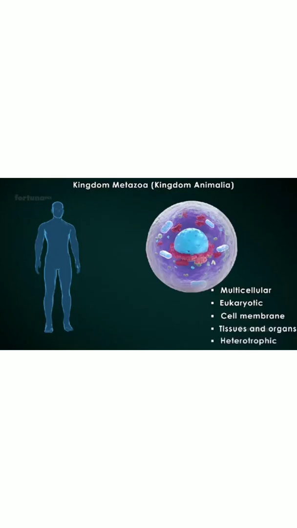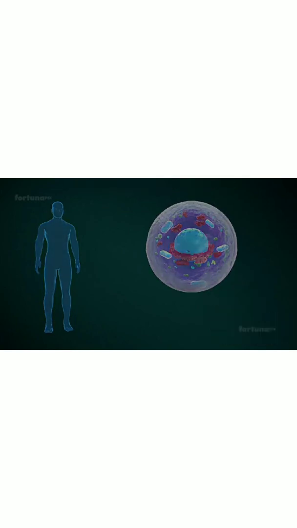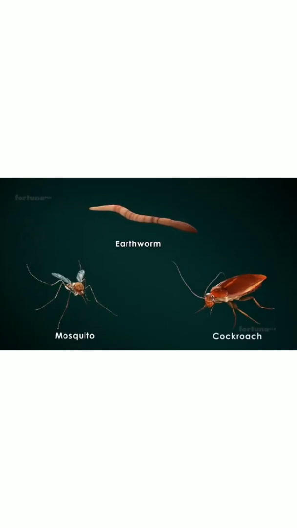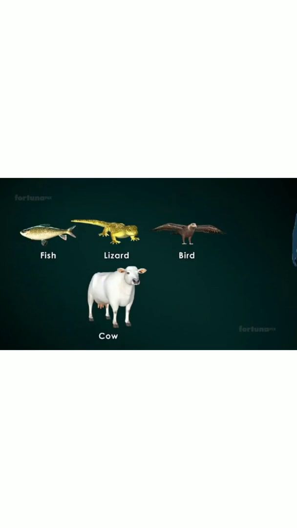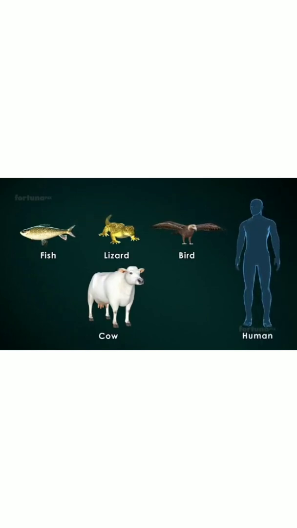Animals are heterotrophic, meaning they depend on other living things for food. Kingdom Animalia includes animals without bones such as the earthworm, insects such as the mosquito and cockroach, and animals with bones such as fish, lizards, birds, cows, and humans.